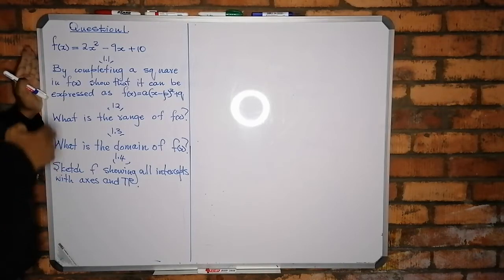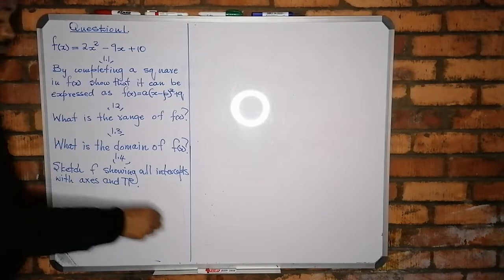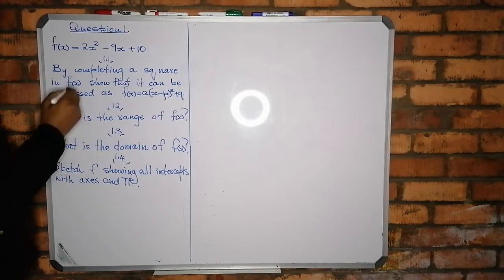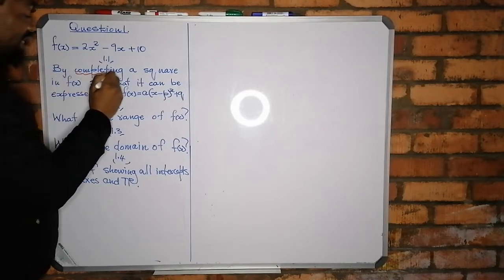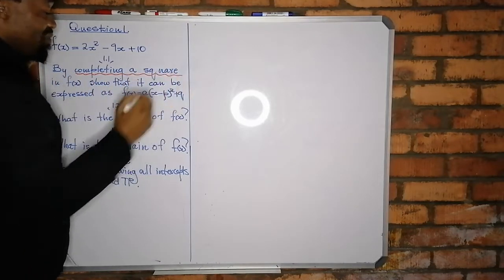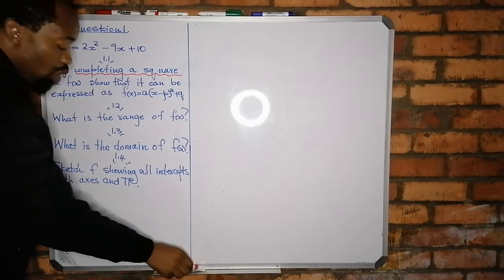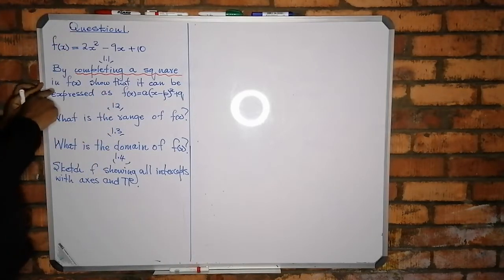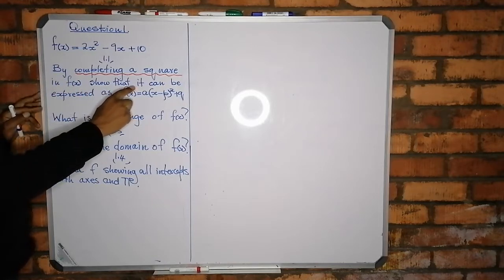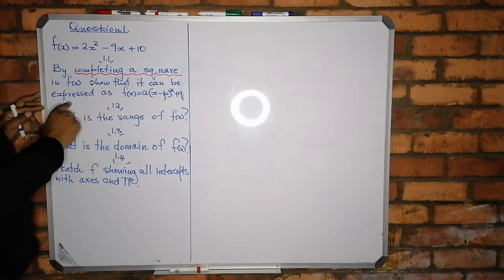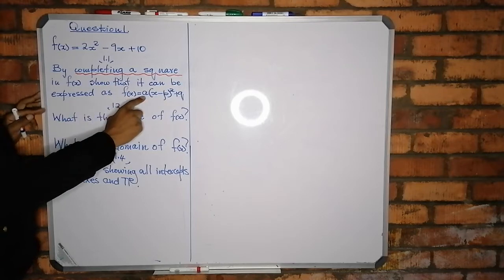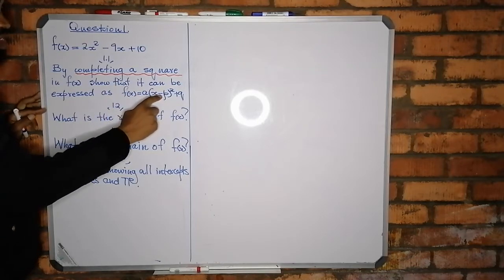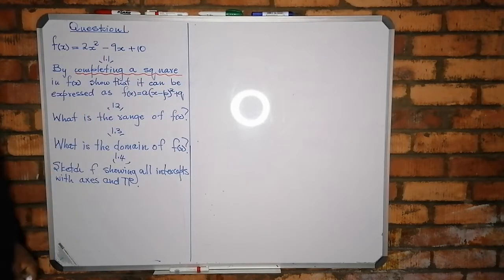Now, it says to us, by completing a square in f of x, show that f of x can be expressed as a into x minus p, close bracket, all squared plus q.